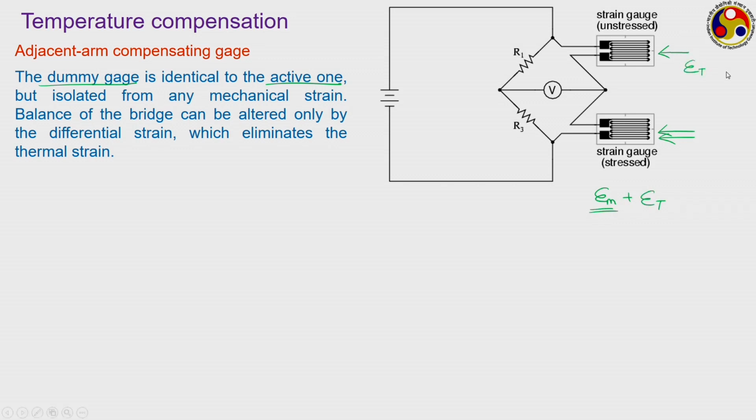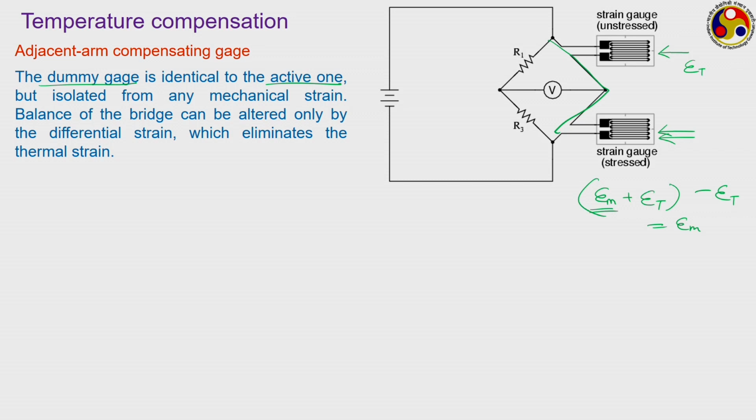So, by proper positioning or proper connection of these two gauges, it is possible that the net strain sensed by this particular arm is this minus epsilon t, leaving out only the mechanical component. That depends upon the orientation of these two gauges, which we shall be discussing shortly. This is one way of temperature compensation.